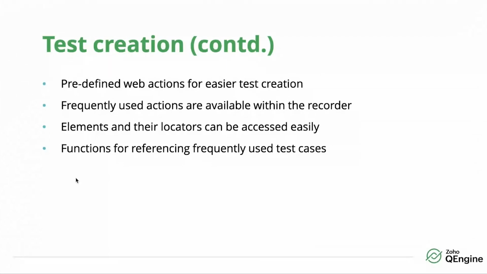For each web element, Zoho QEngine gives you the option to either change or edit the CSS locator, XPath, name, or ID. All of these are available for you to change whenever you feel like.